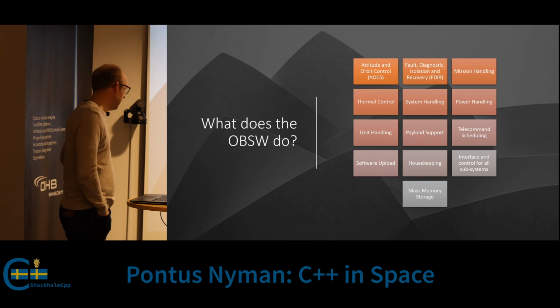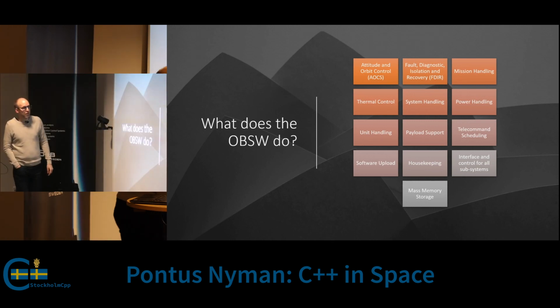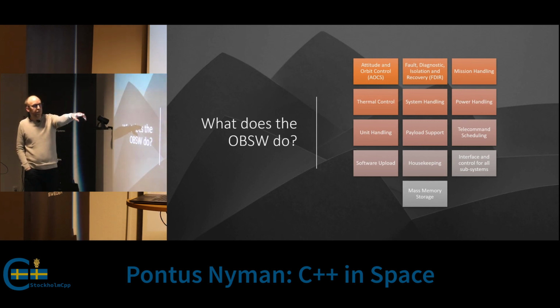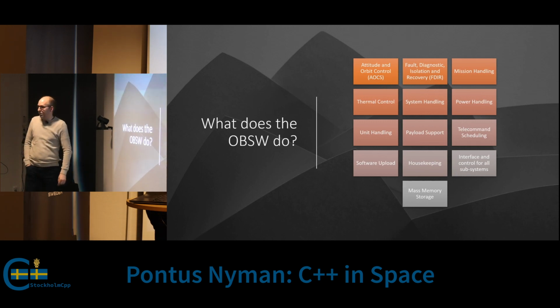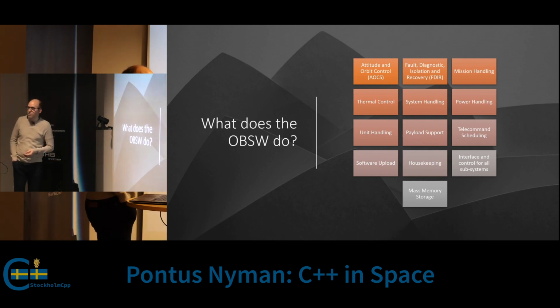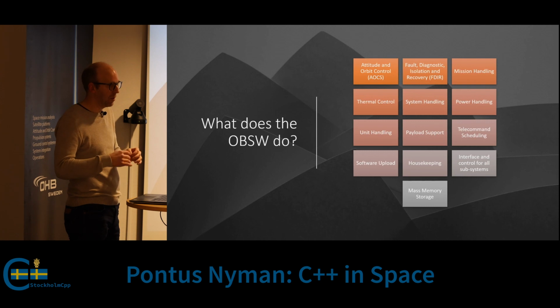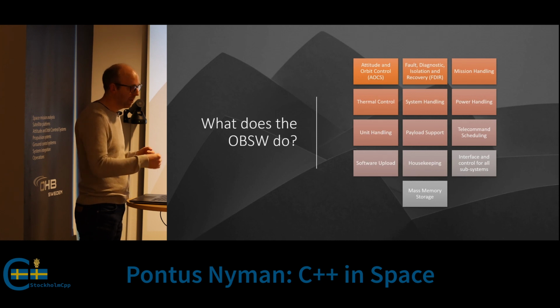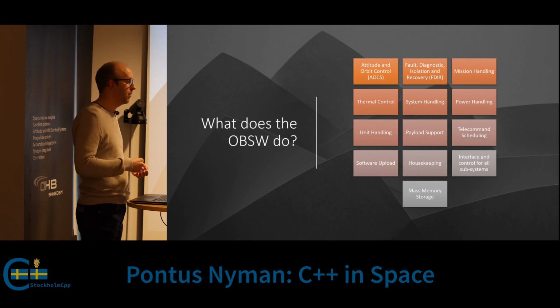And then we of course have the software upload that we were talking about. And then we have a system, I will talk a bit more about this later. You can queue up a lot of commands, basically. So when you have a contact, you just send up like 1,000 commands, and you can make them fire when you're in the right position or at the right time.